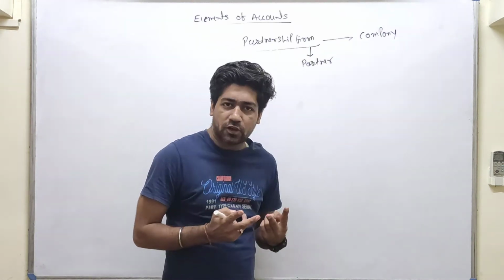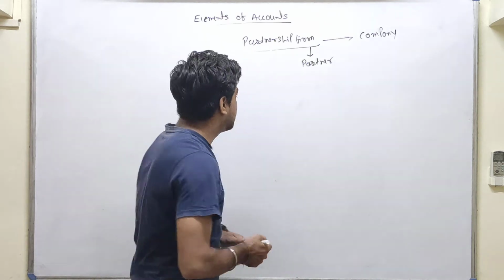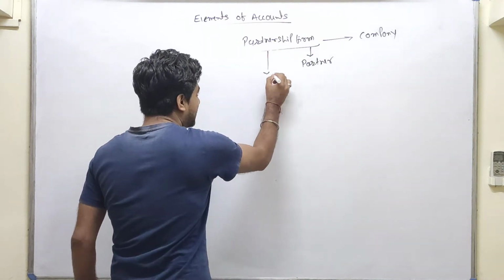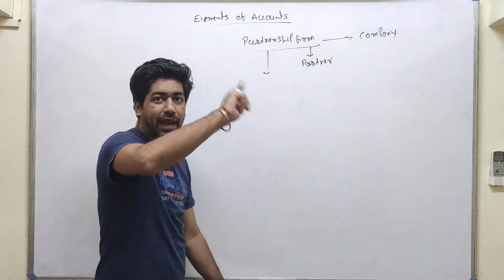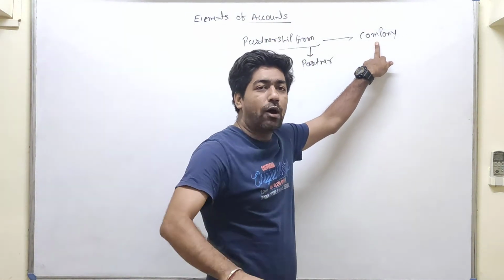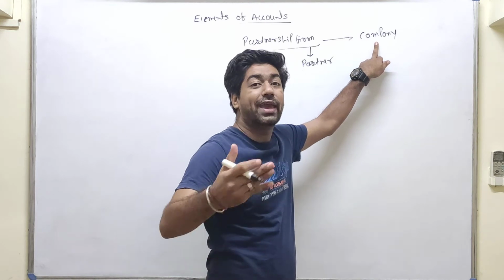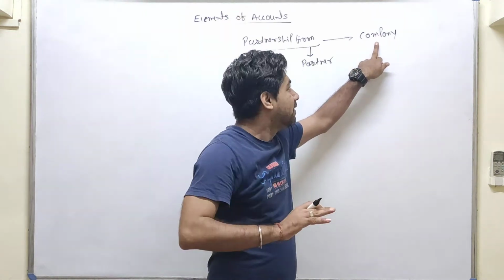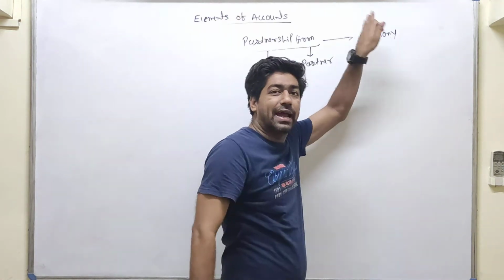There are 2 books of Elements of Account. In the first book, the total details related to partnership firm, and in the second part, the total details related to a company, how we can establish a company, how we can get money, that we will study in that portion.